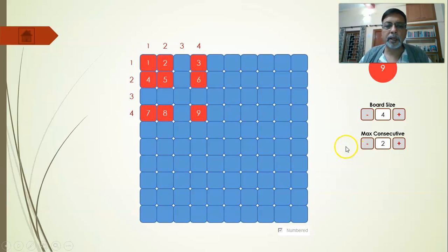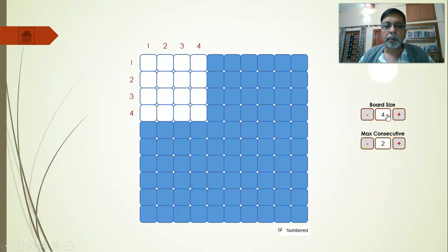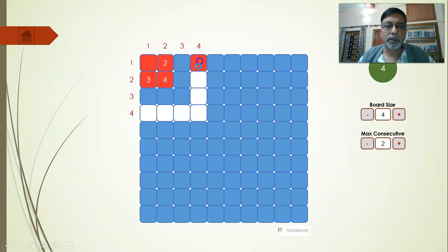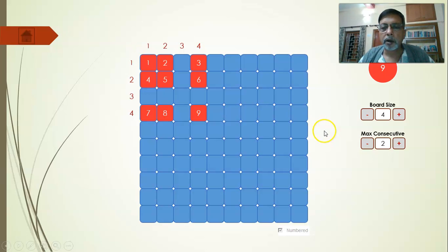There is one variation which I made, which is just to occupy squares to see how many squares can be occupied at the most. For a 4x4 grid, it's possible to occupy 9 squares with a maximum of 2 consecutive boxes occupied in a row, column, or diagonal.